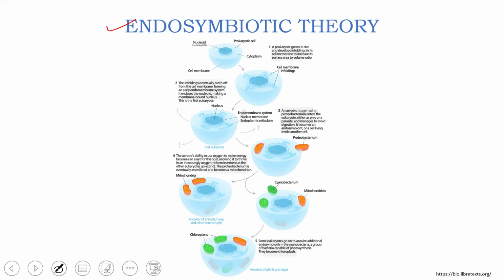In simple words, I'll just explain what this theory states, and later I'm going to explain in detail. So this theory basically states that organelles like mitochondria and chloroplasts in a eukaryotic cell are nothing but remnants of a proteobacterium which was engulfed by this eukaryotic cell long ago.